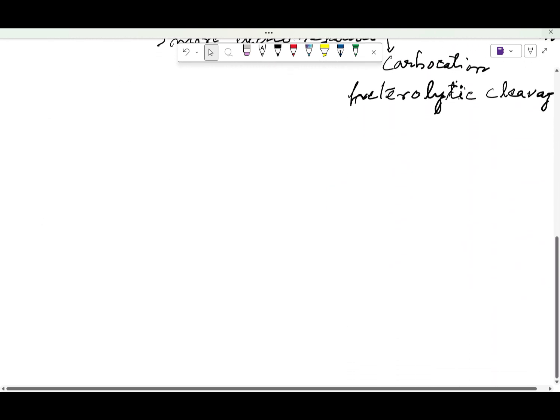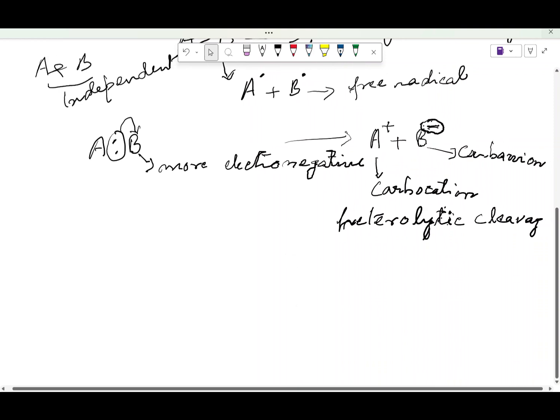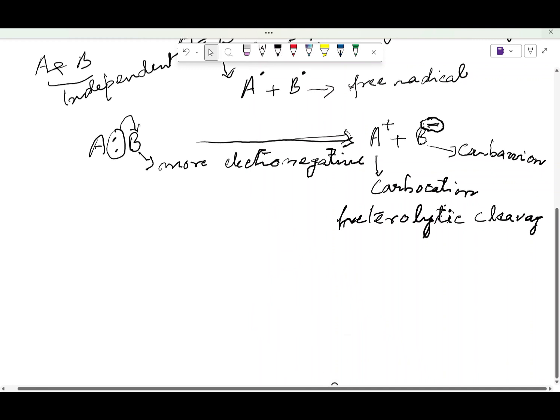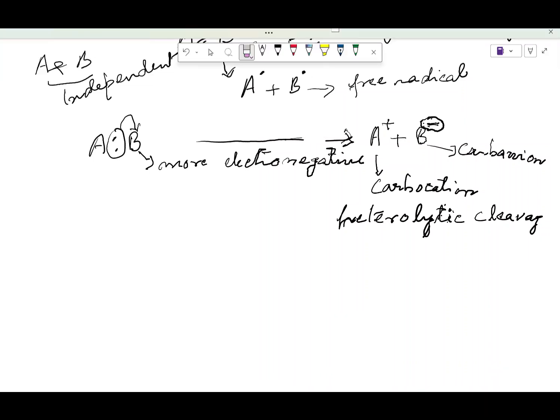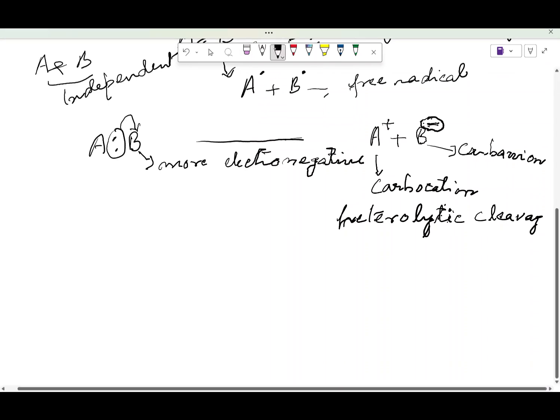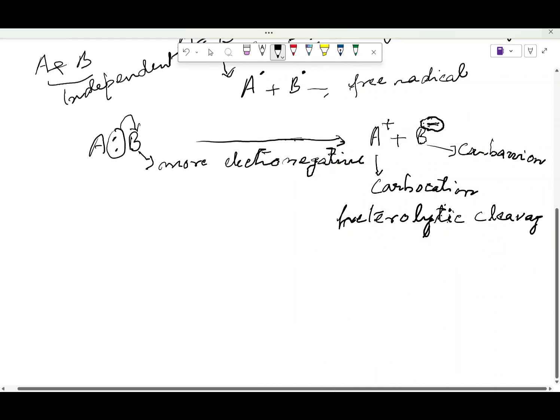Now here, this unsymmetrical cleavage is not affected by radiation, but this type of reaction normally occurs in solutions. Therefore, it will generate carbanions or carbocations, and it is called heterolytic cleavage or unsymmetrical cleavage.